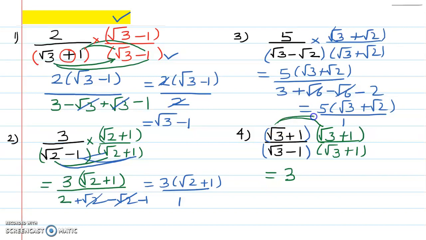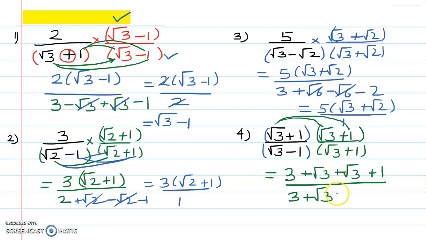Okay, and root 3 times 1 is root 3, then plus 1 times root 3 is root 3, and plus 1. Now, here you multiply: root 3 times root 3 is 3, root 3 times 1 is root 3, minus 1 times root 3 is minus root 3, and that is minus 1. So this is cancelled out.